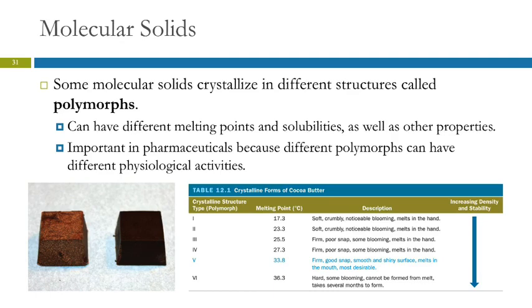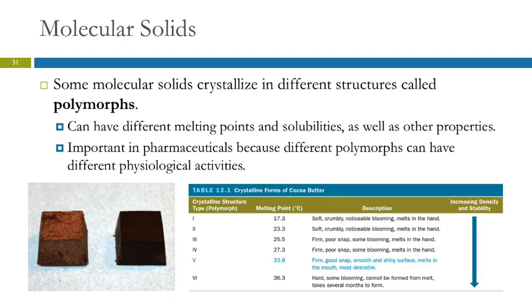Molecular solids can have different crystal structures. These are called polymorphs, many shapes. Different polymorphs may have different melting points and solubilities because the packing efficiency and the coordination number are different, and so they behave slightly differently.